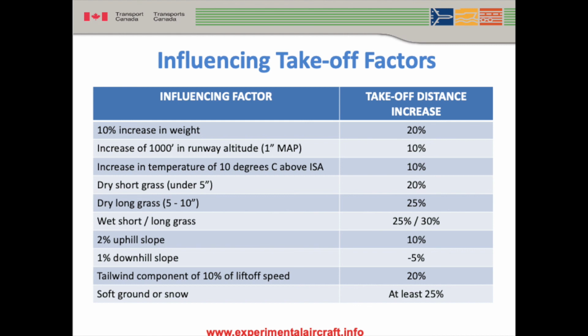And for us, soft ground and snow is something that we do know about. At least 25%. Of course, we're not talking a meter of snow, like 3 or 4 inches will do it. Okay. So anyway, this chart is available to you. Just Google experimental aircraft.info and you can extract it and you can find a lot of information around that particular chart.